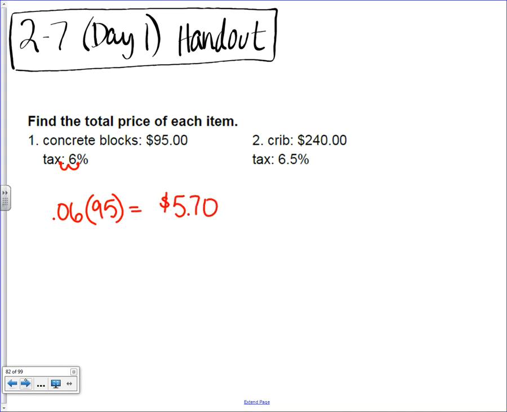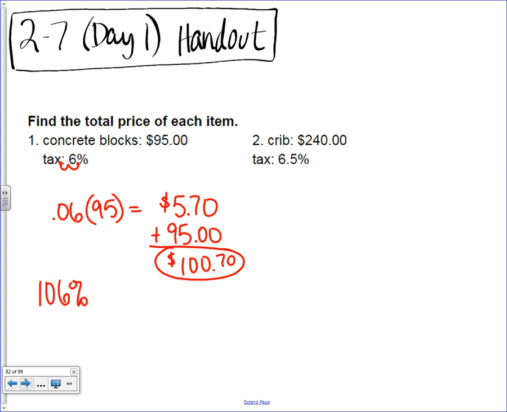And when you do that, you will get $5.70. Now, that is in addition to the $95 that you have already paid for those blocks. So altogether, your bill is going to be $100.70. That's one way to calculate it. The other way is to realize that you're going to pay more than 100% for these blocks. Because I'm getting taxed 6%, I am going to pay 106% of the price.